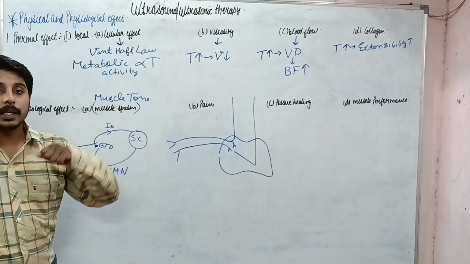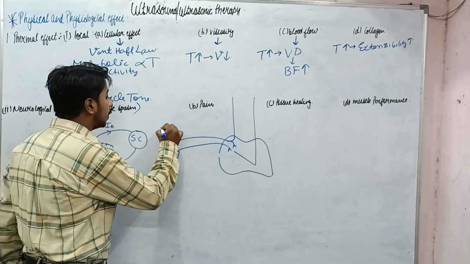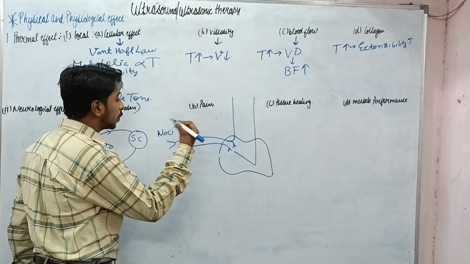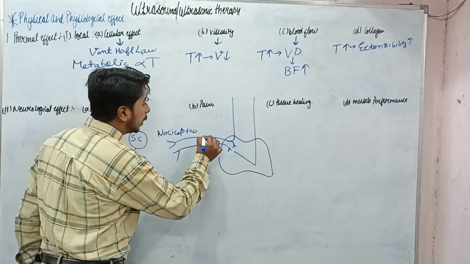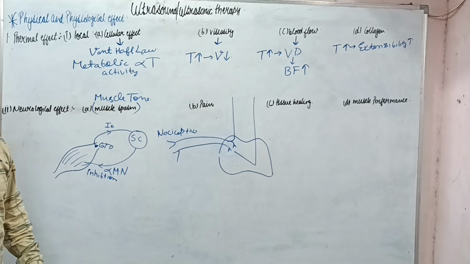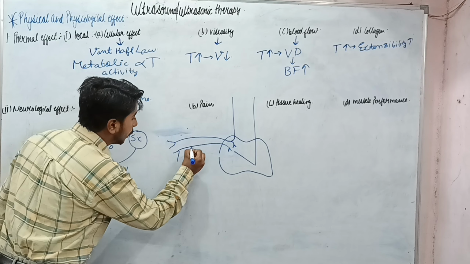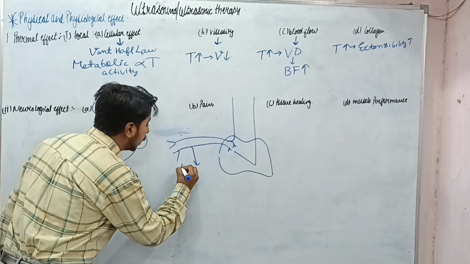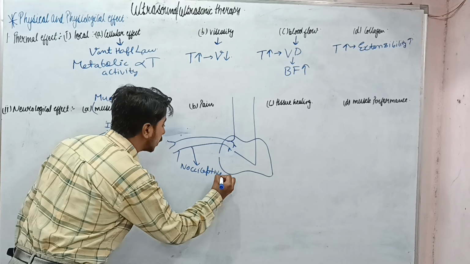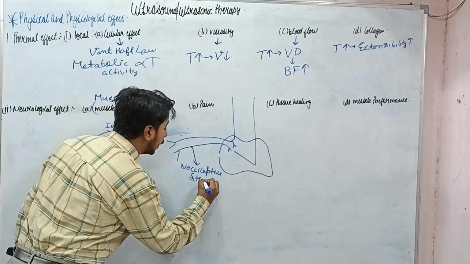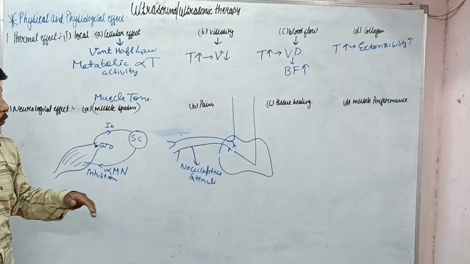Okay, so next is pain. For example, this is the nerve which is having a nociceptive stimulus, and it is carrying the painful stimulus to the spinal cord and the brain.